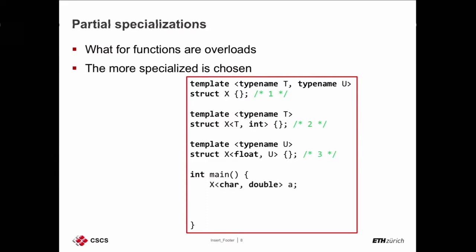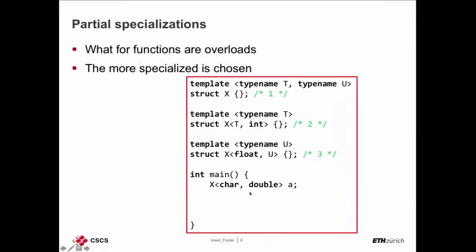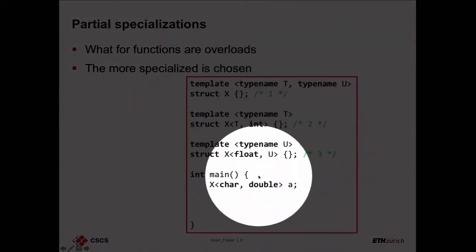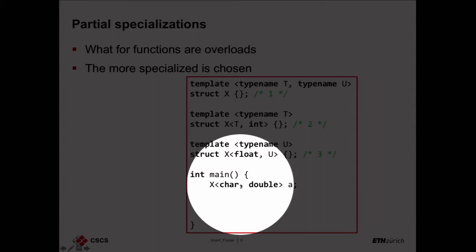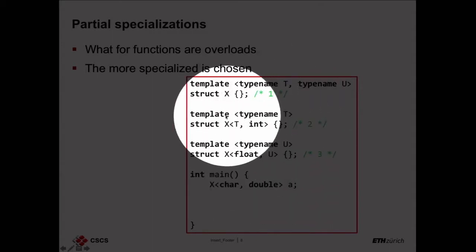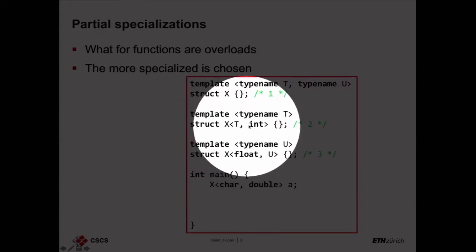So if I want to instantiate X of char and double, I go to the primary template. This is X, T is char, and U is double, right? So I go here. Now I go to all partial specializations and say, well, is this guy better? Is my second argument an int?